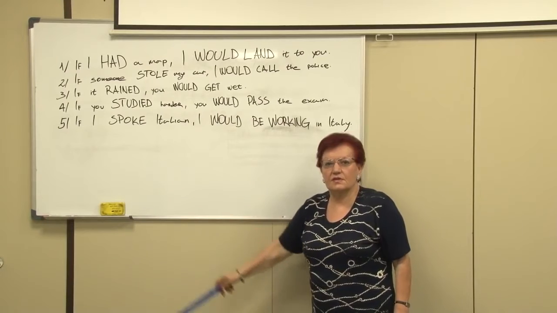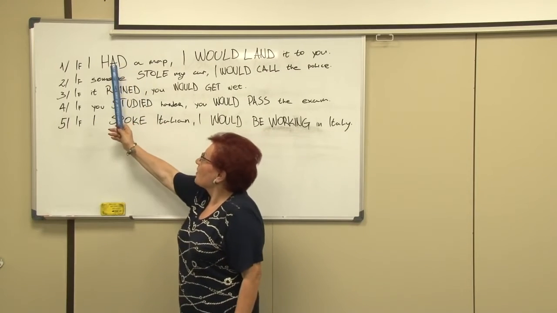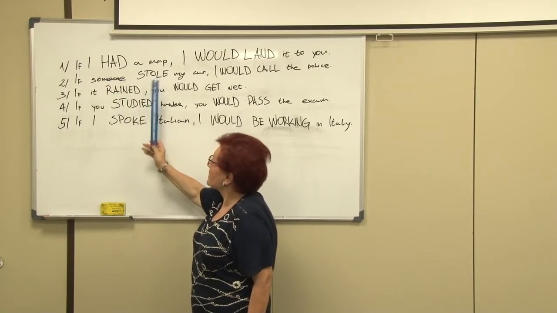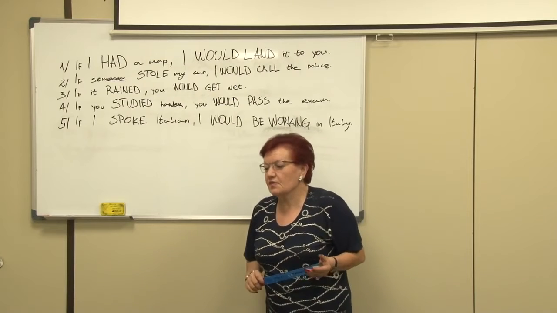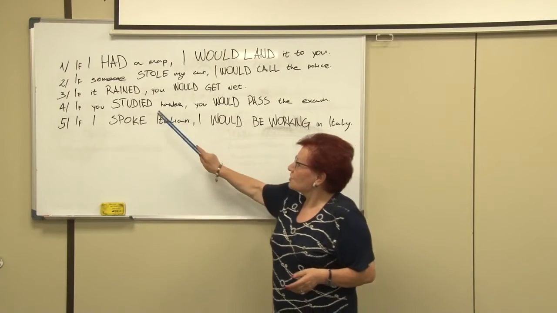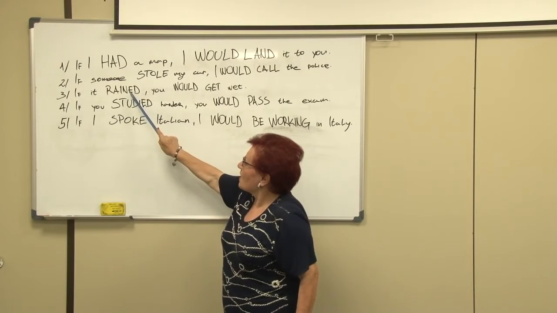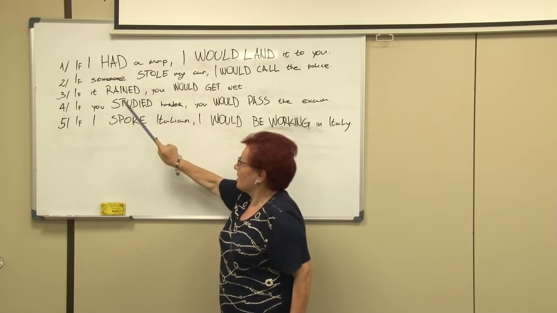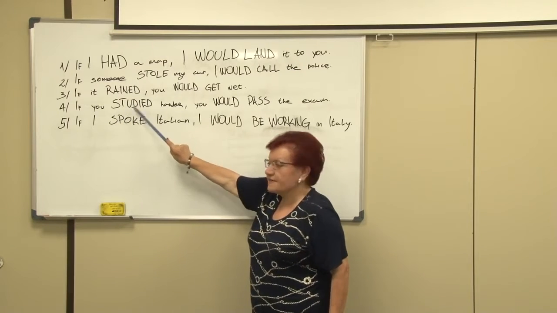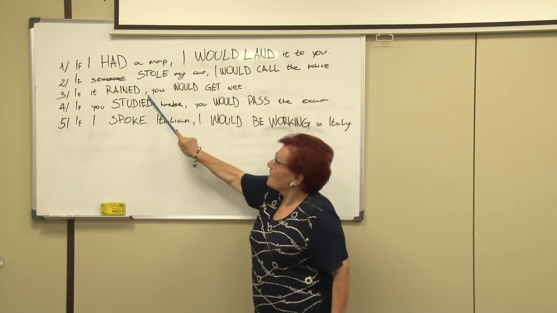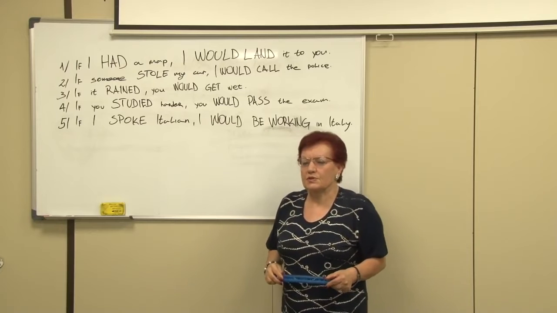So when we analyze the sentences, we can see in the if clause that we have the past tense of some verbs. Some of them are regular, and if they are regular, they usually finish like in sentences 3 and 4. Here we have rained, so it is ed at the end. And in sentence number 4, you have studied, again with ed at the end. These two are regular verbs.